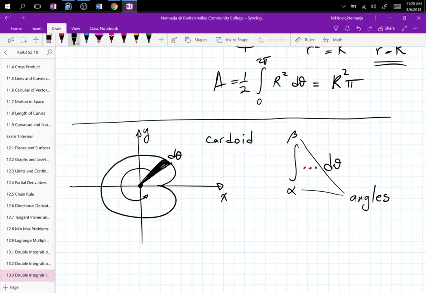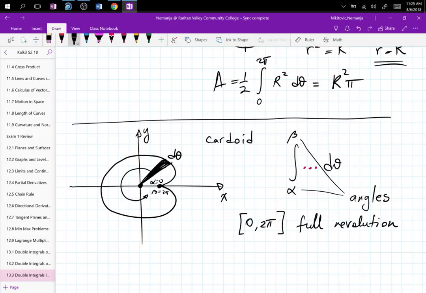So maybe you start here, so that's going to be alpha equal to 0, and then go all the way around back to the same point you started from, for beta equals 2 pi. So 0 to 2 pi in interval notation is the full revolution.